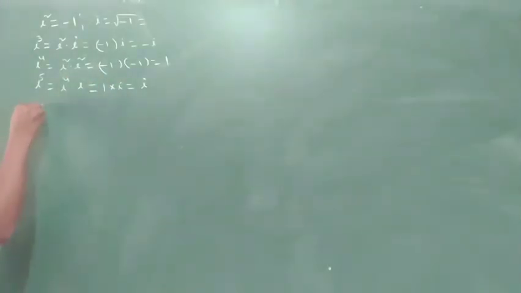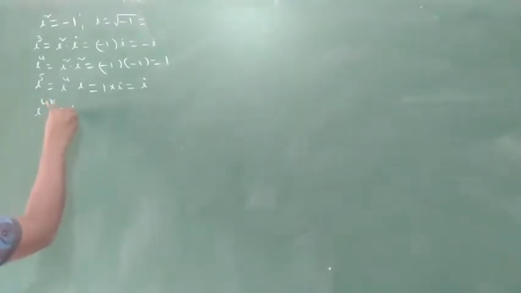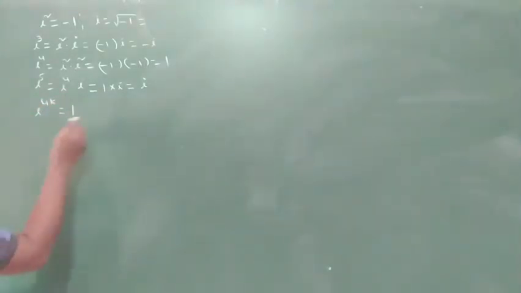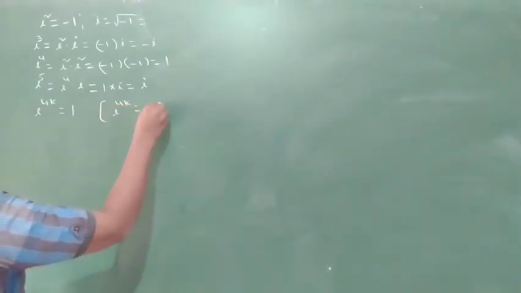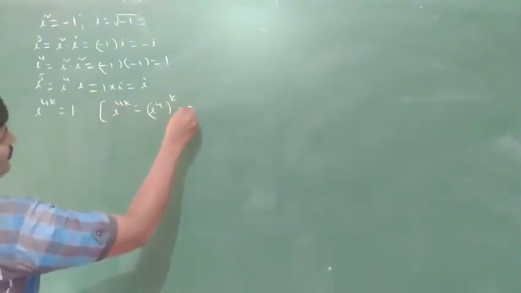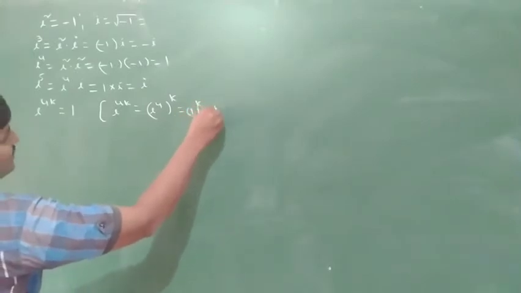So i power 4k, where k is an integer, negative or positive. What is the value of i power 4k? i power 4k is equal to i power 4 whole power k, is equal to 1 power k, is equal to 1.